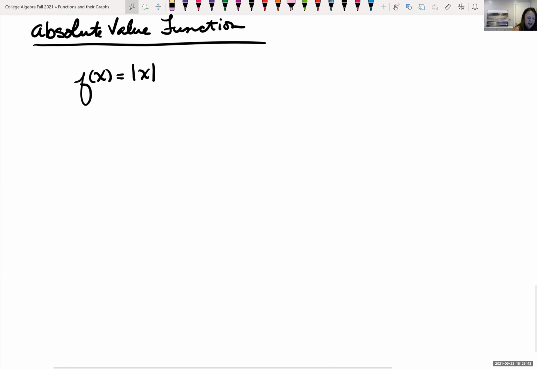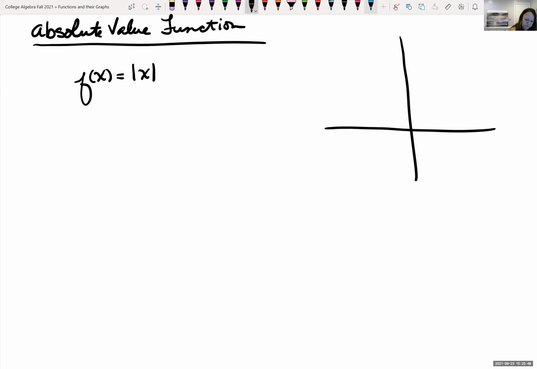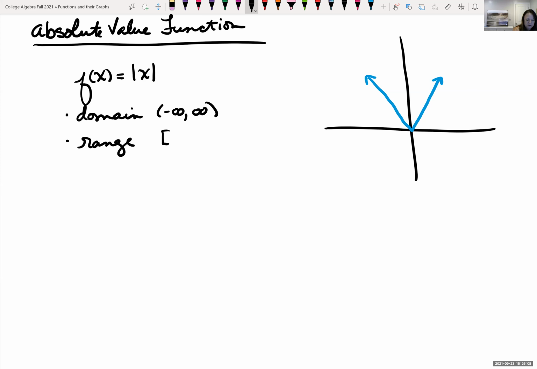The shape of that is a V. Domain is all real numbers. Our range, though, we're not hitting any negative numbers. The smallest y value we have is 0. So 0, including it, to infinity.